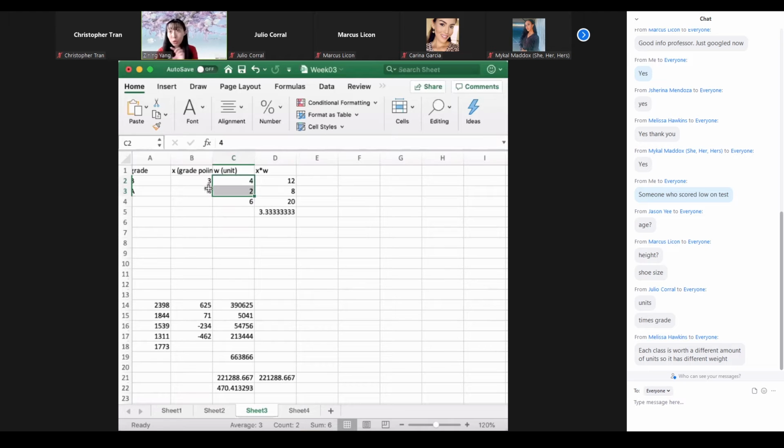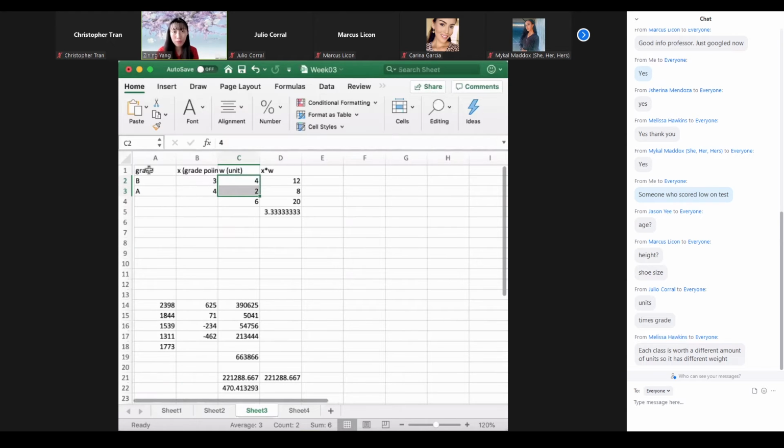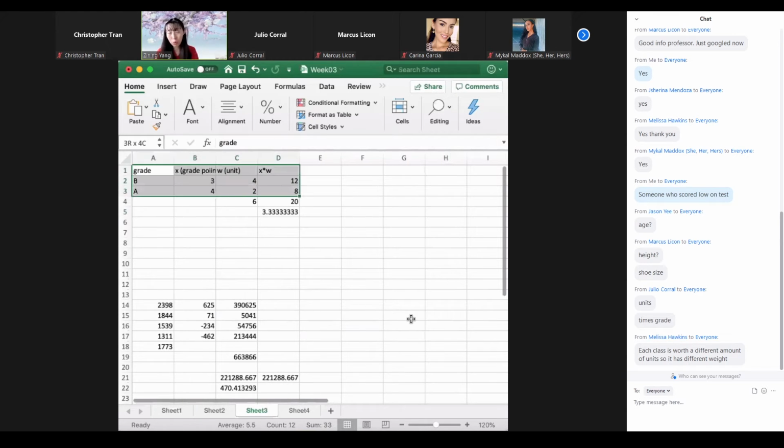So let's practice this together. If you have Excel, pull out Excel just for practice purposes, and build this framework. We make one column of your grade, one column of your grade point, right? Is that a 4.0, 3.7, 3.3, or 3.0? The grade point. Another column indicating how many units.